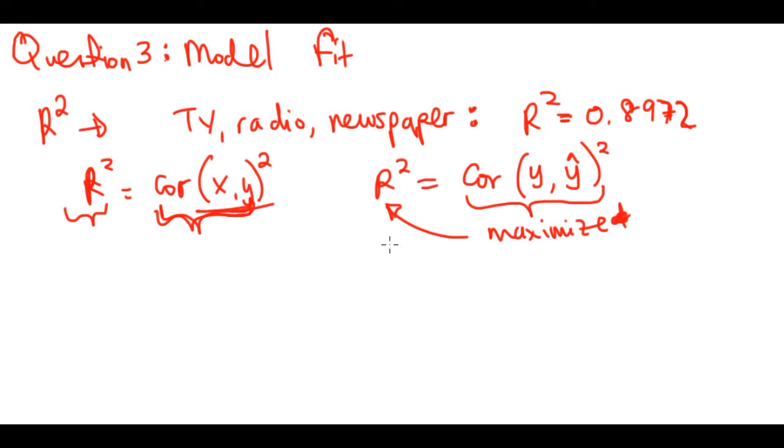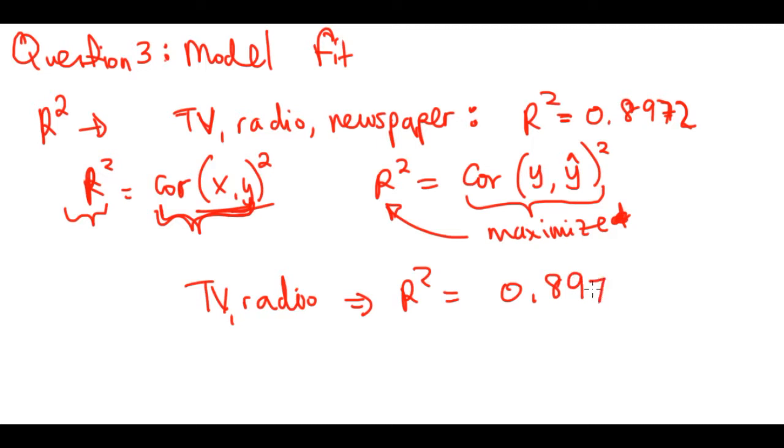So in our advertising sales, the TV, radio, newspaper model, that is all three, has an R squared of 0.8972. And the model that uses only TV and radio has an R squared equal to 0.89719.